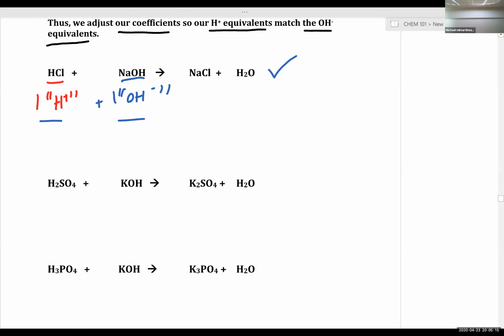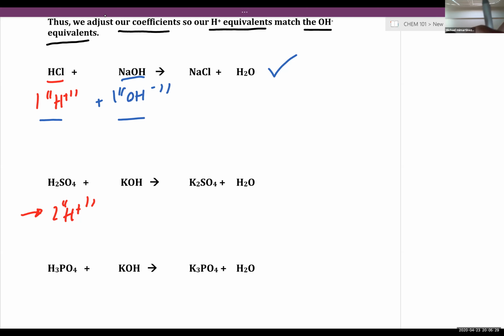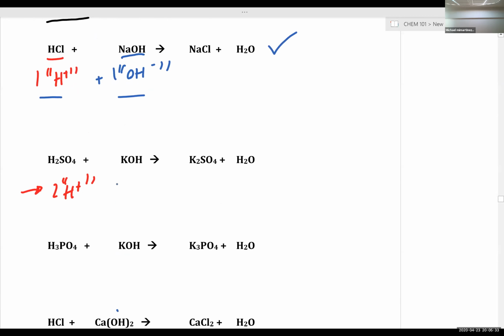Let's look at sulfuric acid. How many H+ equivalents are in sulfuric acid? How many H pluses do we have? 2, exactly right. So we have 2 H+. And then for potassium hydroxide, we have 1 OH minus, 1 hydroxide equivalent.